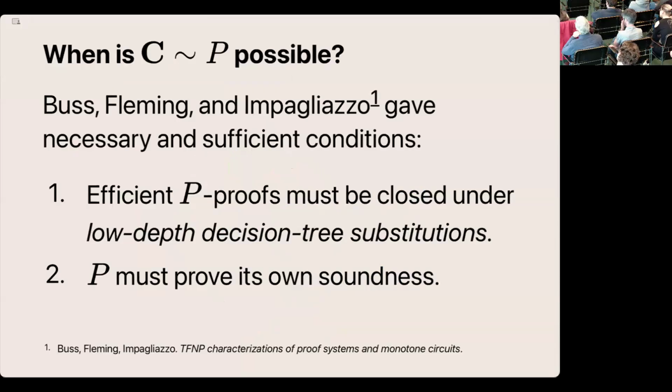So if I have an efficient proof, I should also have another efficient proof of the same formula if I plug in a low depth decision tree for every variable. This corresponds to the fact that I use low depth decision trees in the reductions. And also, P must prove its own soundness. There must be a proof of the reflection principle for P, suitably encoded as a propositional formula.